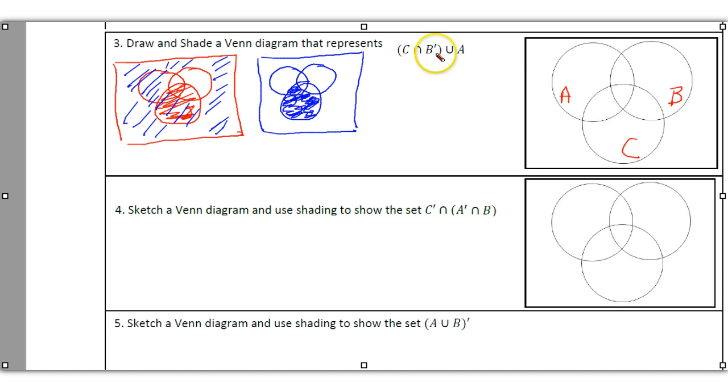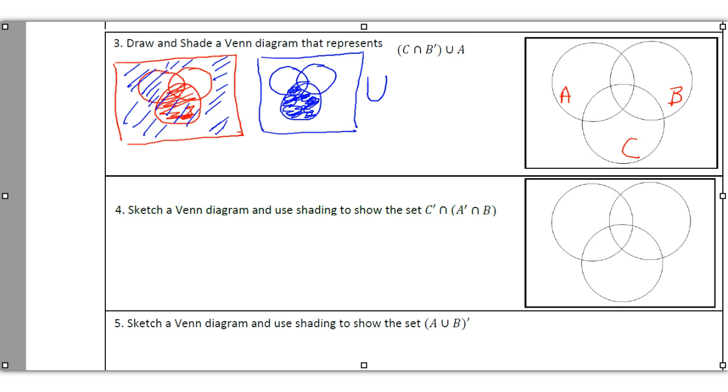So this is the intersection of set C with the complement of set B. We're now going to ask for a union of this with set A.